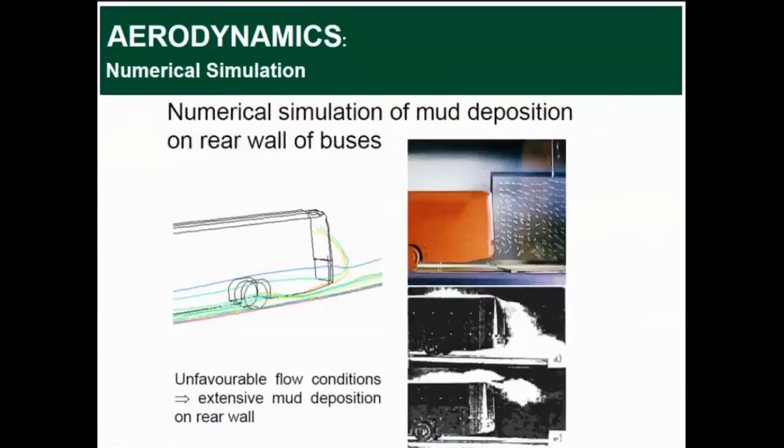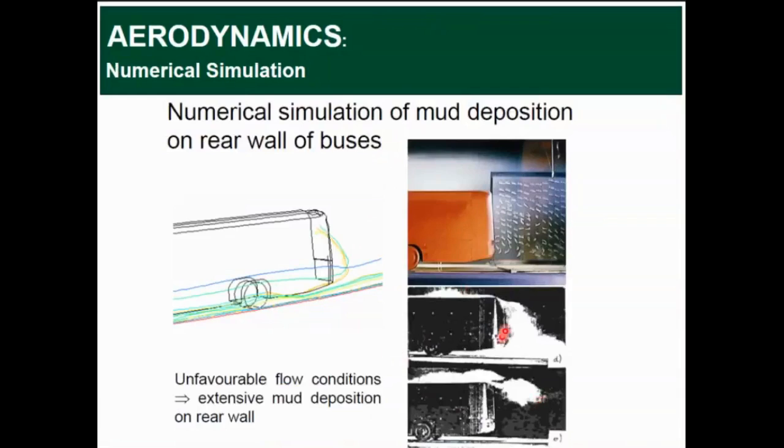Okay, on top of kita buat experimental work, kita pun boleh buat simulation work. We study, for example, here we study the mud deposition on the rear wall of the buses. Boleh buat guna numerical simulation. Normally we use the ANSYS software.